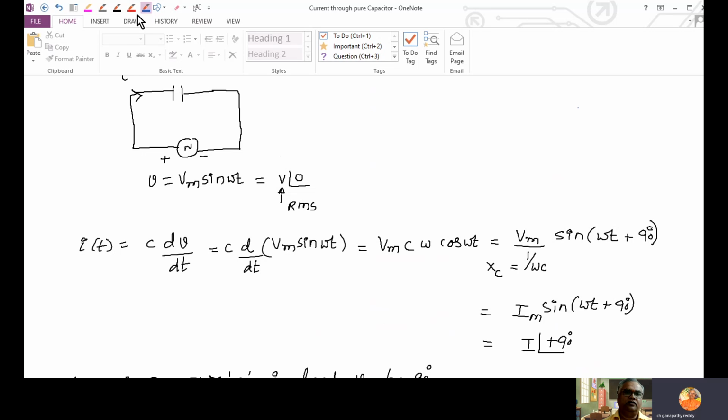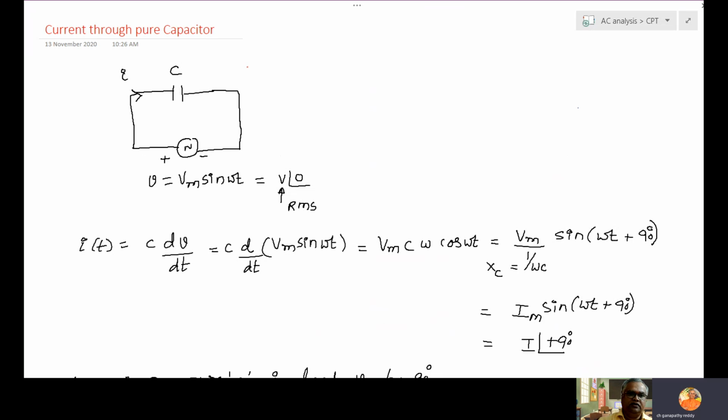If you imagine the capacitor is having some resistor R, then this applied voltage V will not drop totally across the capacitor. But what we are plotting is this V, the voltage developed across the capacitor, versus the resistor. So there is always some drop across the resistor.